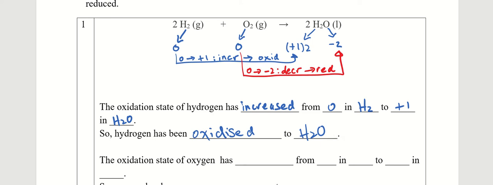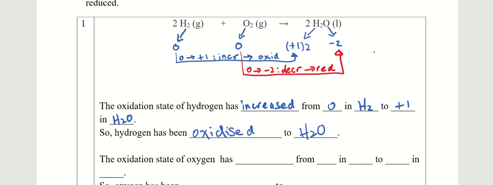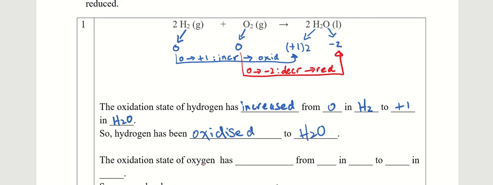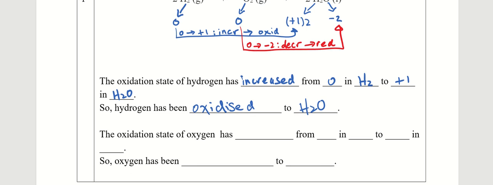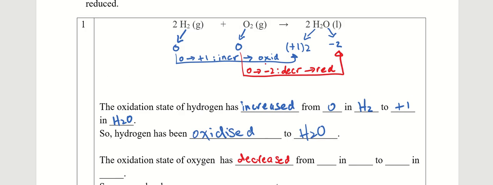Okay, now as usual, when something has been oxidized, usually something else is reduced. So now let's take a look at oxygen. We can see that the oxidation state of oxygen has actually decreased from 0 to -2. So let us write that properly. The oxidation state of oxygen has decreased from, what did it start off as?